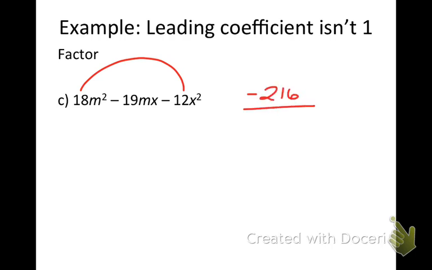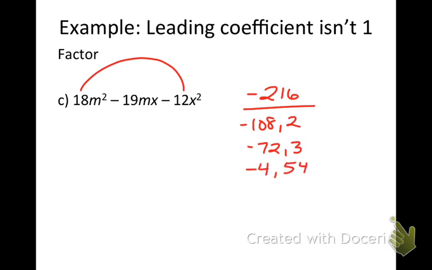Factors of negative 216. So what I would do is start going to my calculator. Negative 216 divided by 2 is negative 108 and 2. Does that add up to negative 19? Nope. 216 divided by 3, so negative 72 and 3. Does that get me to negative 19? No. Divided by 4, 4 and 54.